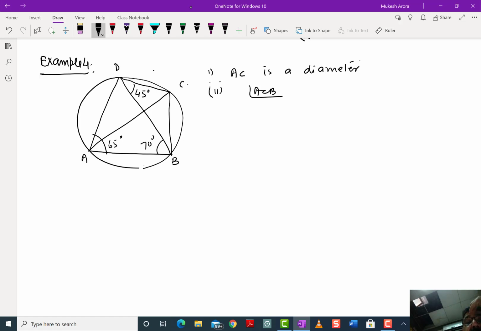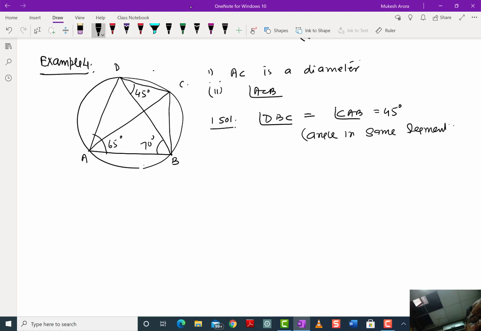So now solution, angle DBC is equal to angle CAB is equal to 45, angle in same segment.